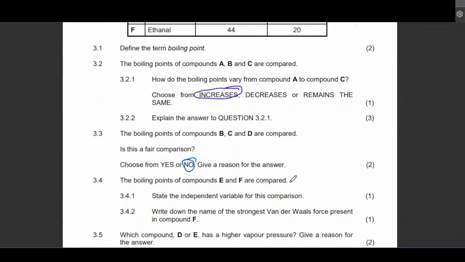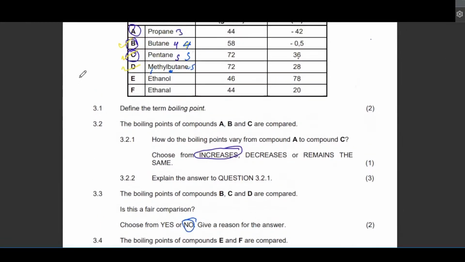Boiling points of E and F are compared. State the independent variable. Let's go back and see E and F. So in this case, E and F have the same number of carbon atoms, but the functional group is different. This is alcohol, and this is ethanal, which is an aldehyde.